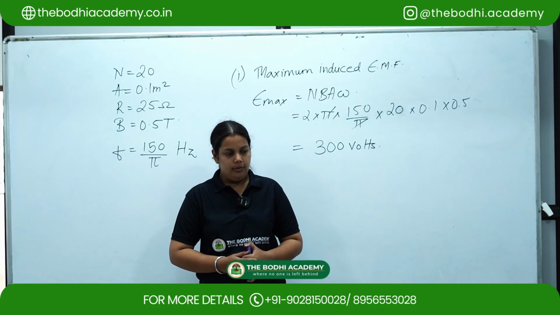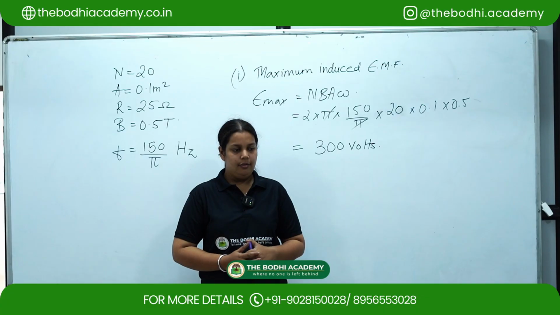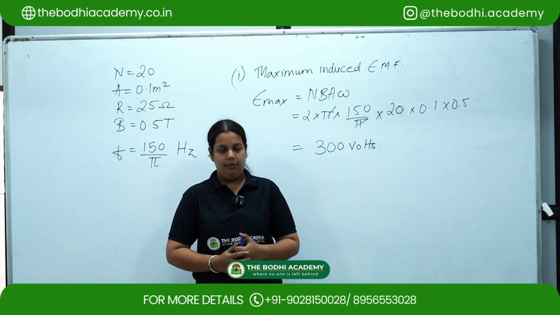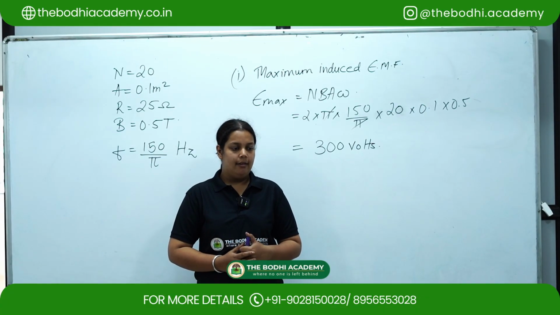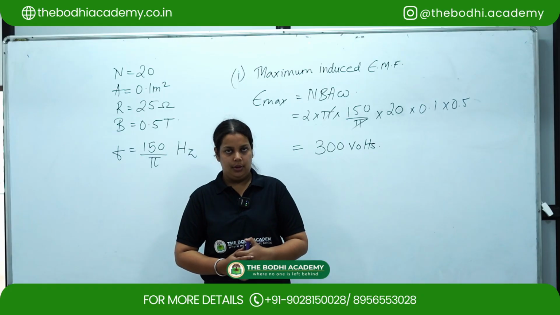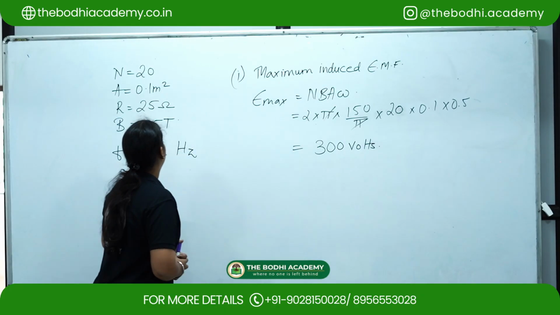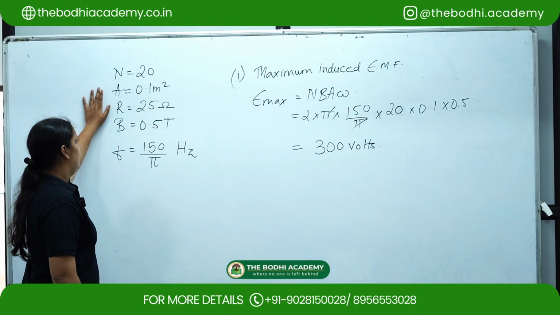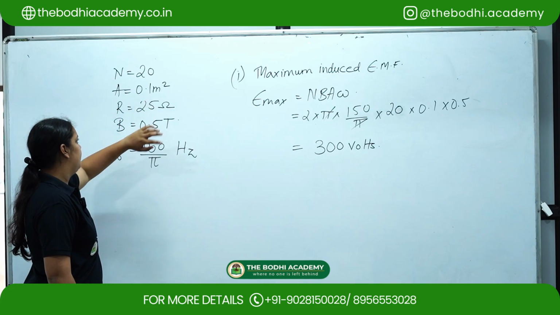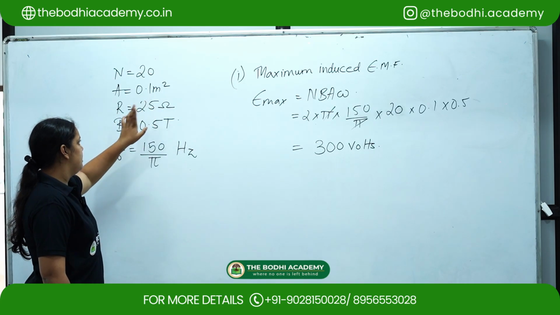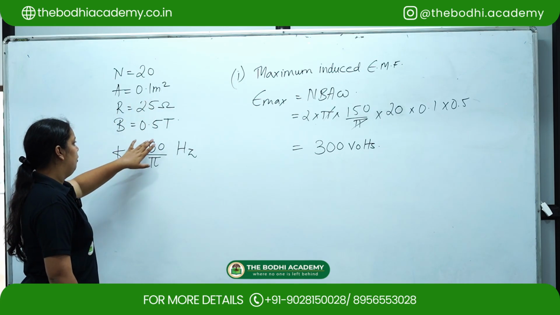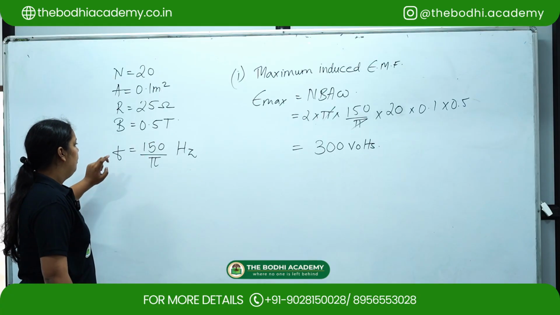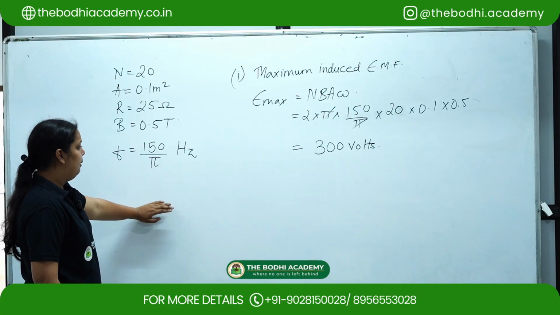Calculate the maximum induced EMF produced in the coil and the average induced EMF produced in the coil. So given N equal to 20, area is 0.1 meter square, resistance is 25 ohms, B equal to 0.5 Tesla, f equal to 150 by pi hertz.